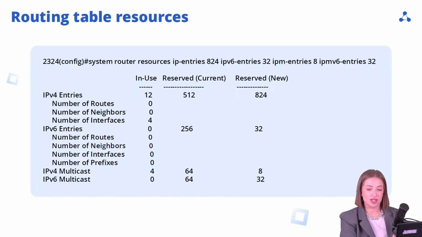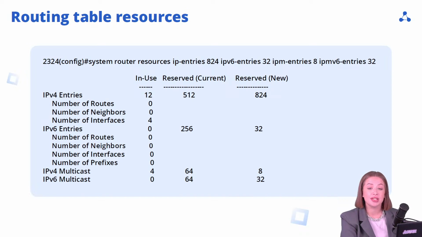Let's take a closer look at the resource allocation in the route table using the OTAX MES23xx switch as an example. Based on its technical specifications, the switch has more than 3,500 layer 3 multicast IPv4 and more than 1,000 layer 3 IPv6 multicast routes, as well as more than 12,500 layer 3 unicast IPv4 and more than 3,000 layer 3 unicast IPv6 routes.